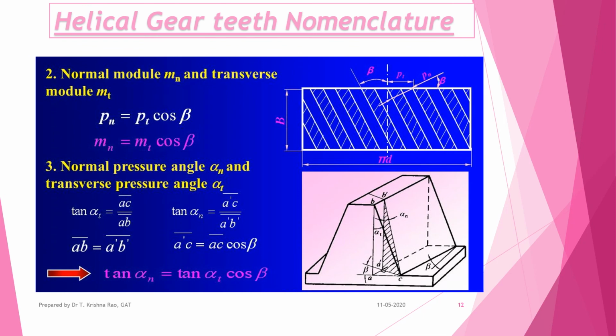Then comes your normal module. You can see here very clearly we have a perpendicular line to the tooth, and the helix angle, transverse pitch, normal pitch equals Pt into cos beta, or Mn equals Mt cos beta.